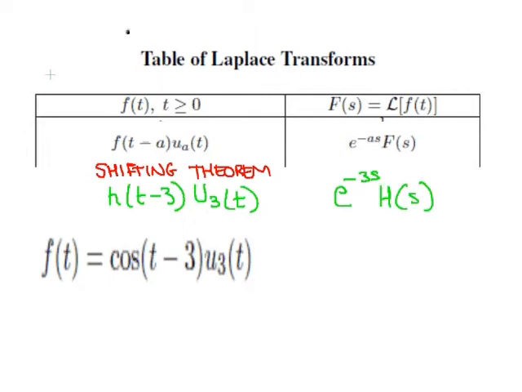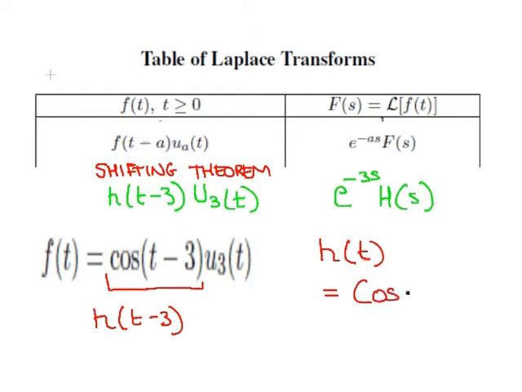So what we have to do is identify what h of t is and then h of s. So looking at this here, this corresponds to h of t minus 3. So necessarily h of t is cos of t on its own.